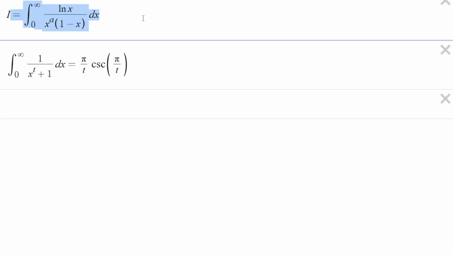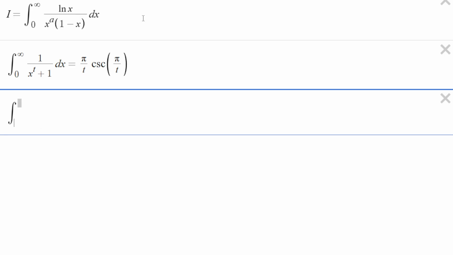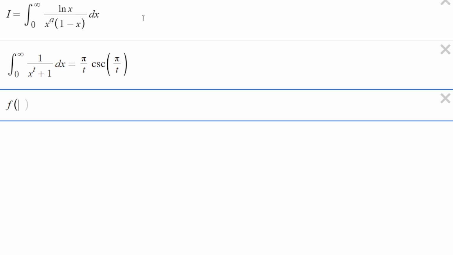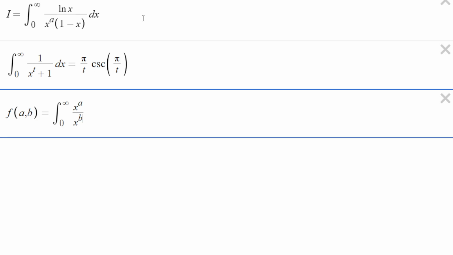So to get started, what I'd like to do is define an integral we'll call f of a and b to be equal to the integral from 0 to infinity of x to the a over x to the b plus 1 dx.